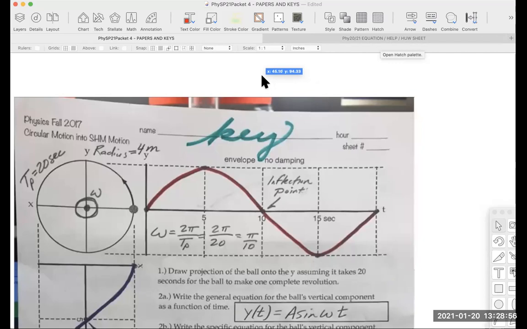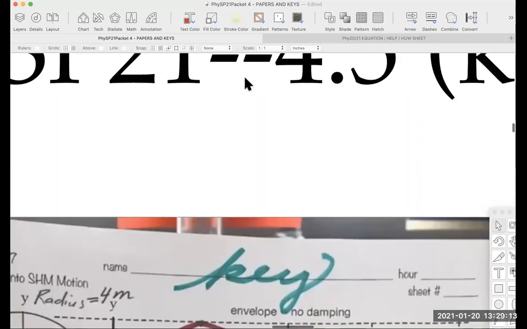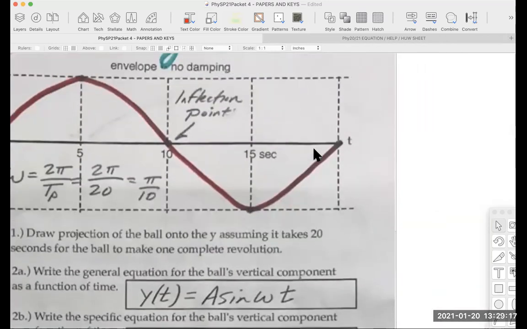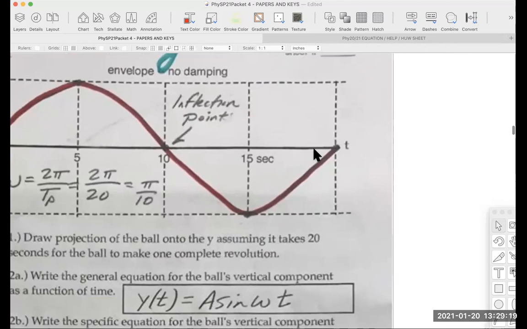All right, so can you see it? You can see where it says inflection point. Okay, so we'll get through it. It won't be very pretty, but here's the sine part, and it says, let me blow this up. It says to write the general equation for the ball's vertical component.